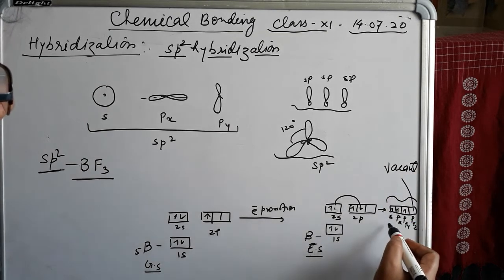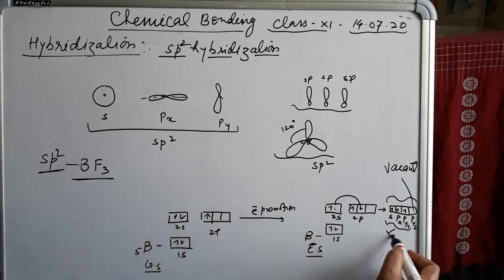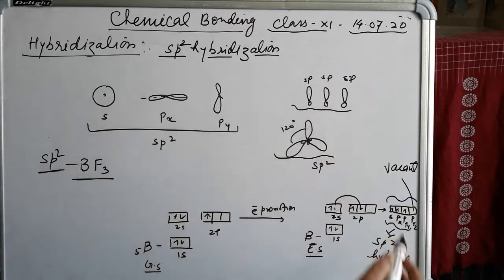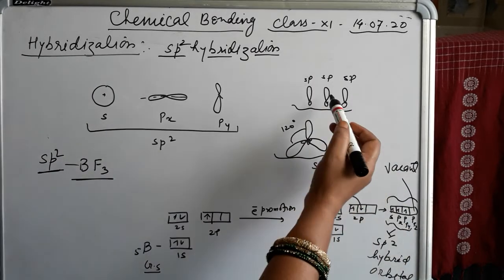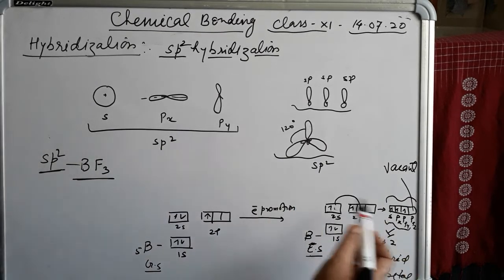These 3, 1s and 2p, form sp2 hybrid orbitals 1, 2 and 3: 1 sp, 2 sp and 3 sp. When s and the two p orbitals, px and py, intermix, they form 3 hybrid orbitals.